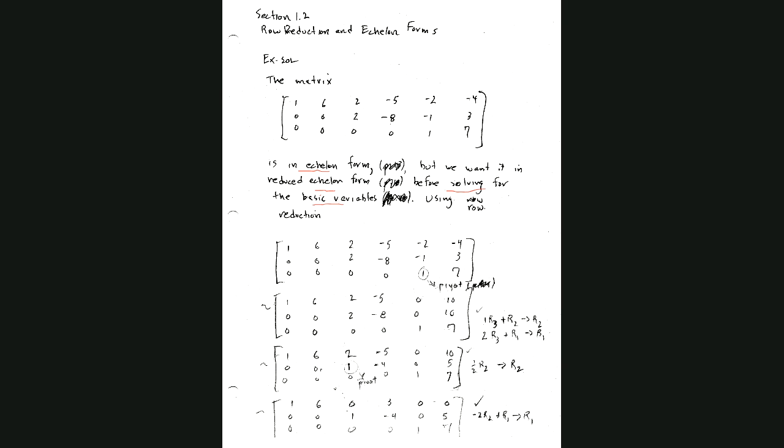I had page numbers in my notes, but I crossed them out because sometimes the ebook page numbers don't correspond with the page numbers in the physical textbook. But we'll get there. All right. So I'm going to let you copy a little bit here. And once you get down to this step here, we'll have a little discussion.